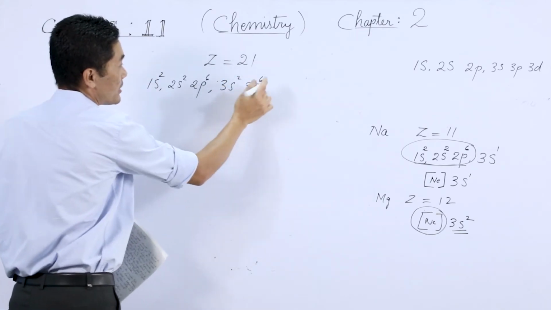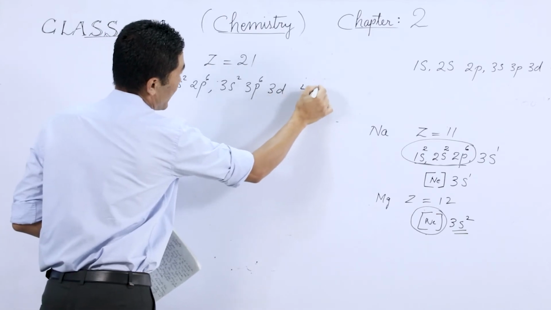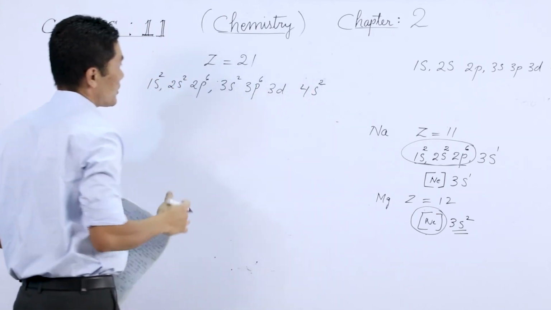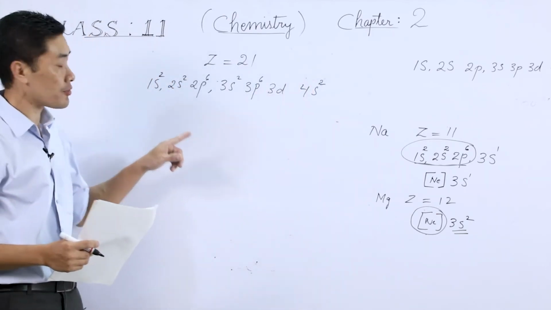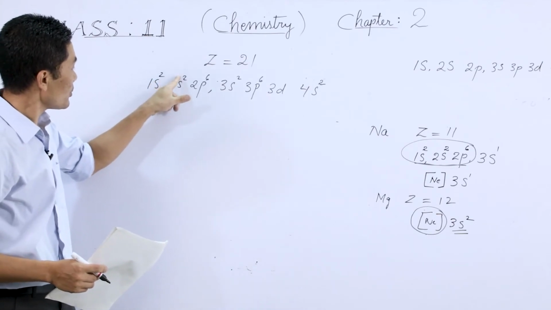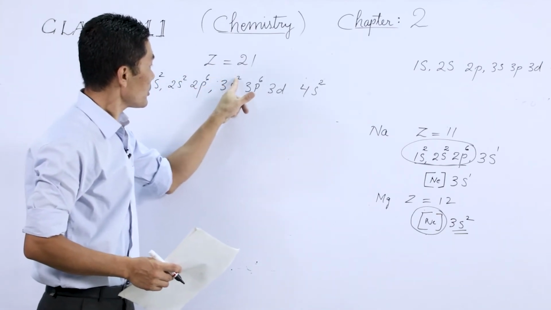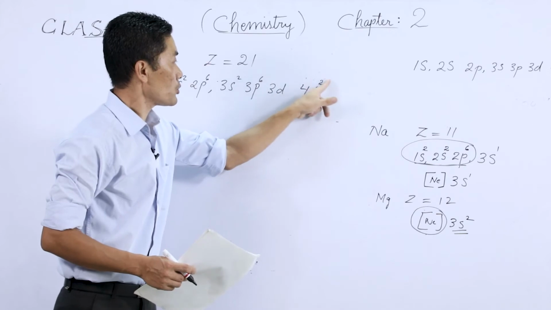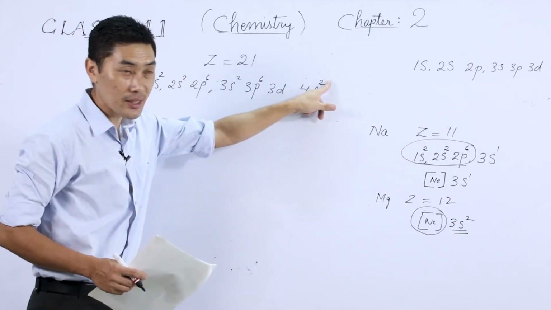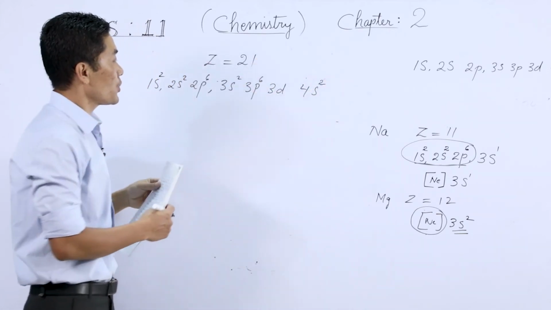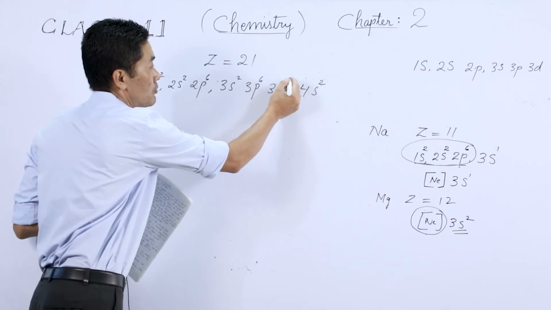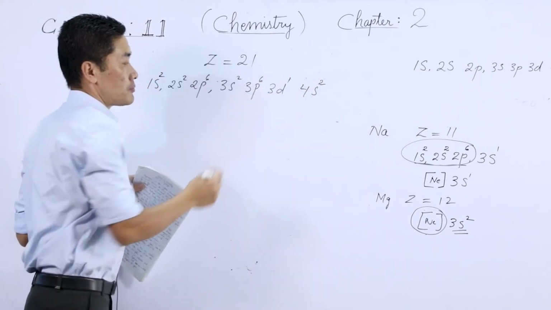Then before 3d, we fill up 4s like this. Now let us see how many electrons we have put. 2, 4, plus 6, 10, 12, plus 6, 18, plus 2, 20. We have put 20, we have one more electron. And that last electron will come to the 3d orbital here.